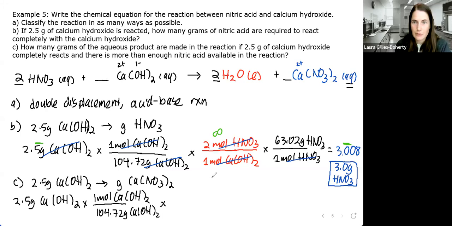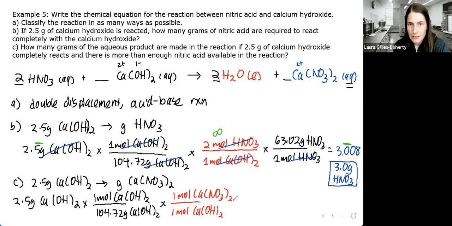And then from our balanced chemical equation, for every 1 mole of calcium hydroxide that reacts, we make 1 mole of our product, calcium nitrate. And last but not least, we need the molar mass of calcium nitrate to be able to calculate grams of calcium nitrate.